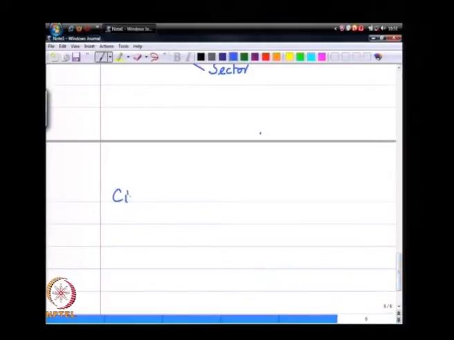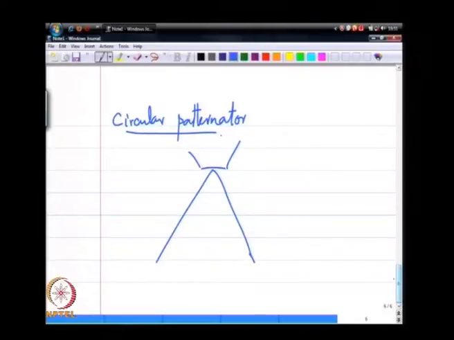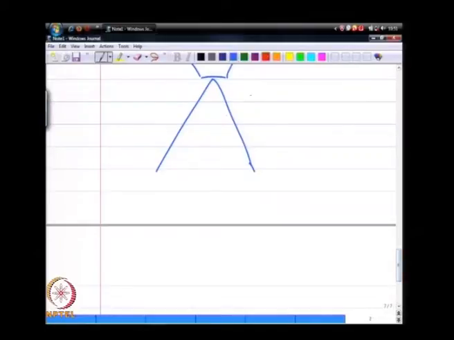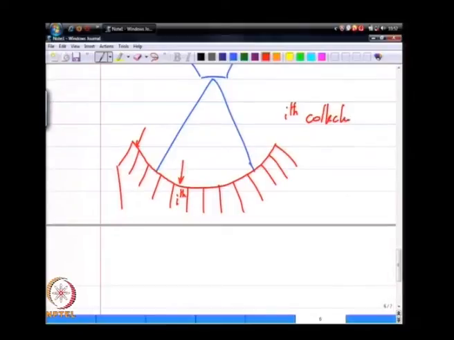The circular patternator is where the tubes are all arranged as points on a circle, with each one of these collection points draining into, so the ith collection point drains into an ith tube.